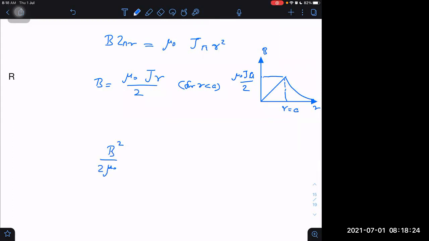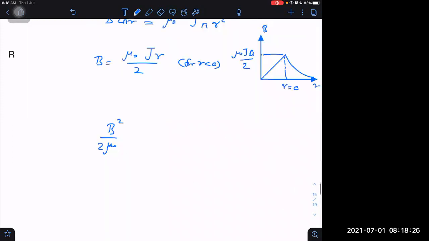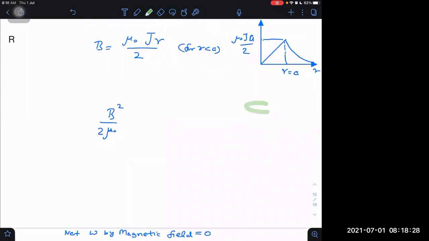What is the energy in this cylindrical region? Here the magnetic field is B, so we can say energy density into volume.